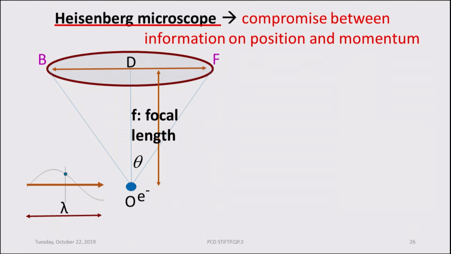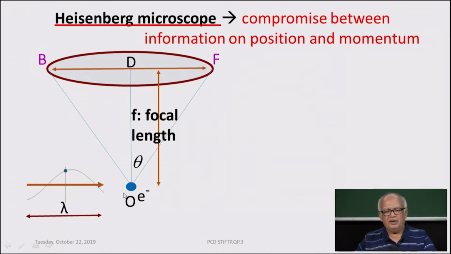So, here let us do an experiment to see where an electron is. So, let us say a particle or an electron, it can be the electron, it can be something else as well. You shine light on it, all right, to see where it is.